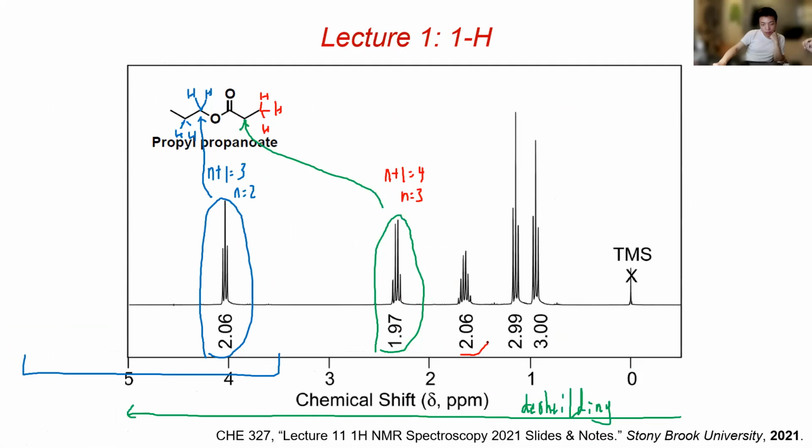How about this one? It has an n plus 1 of 4 and n equals 3. But that one's more shielded, which means its neighbors don't have a strong magnetic field or electronegativity.